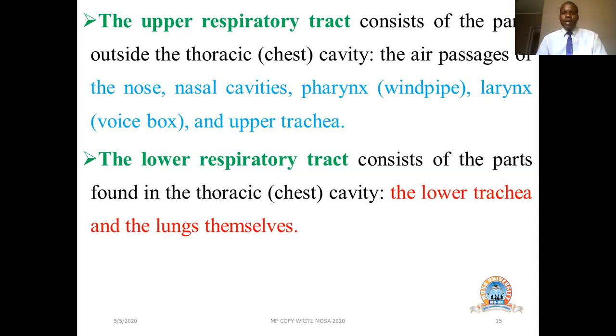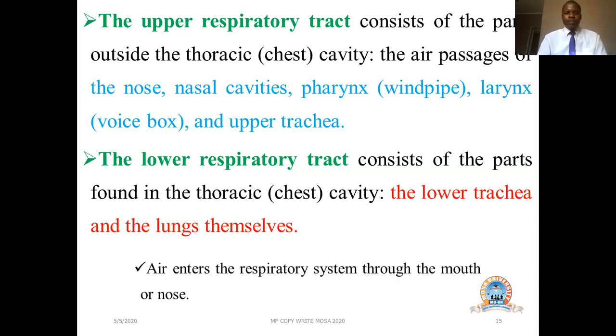For the upper respiratory tract, we've mentioned things like the air passages, the nasal cavities, the pharynx, the windpipe, the larynx, which can also be called the voice box, and the upper trachea. The lower trachea and the lungs themselves are part of the lower respiratory tract.